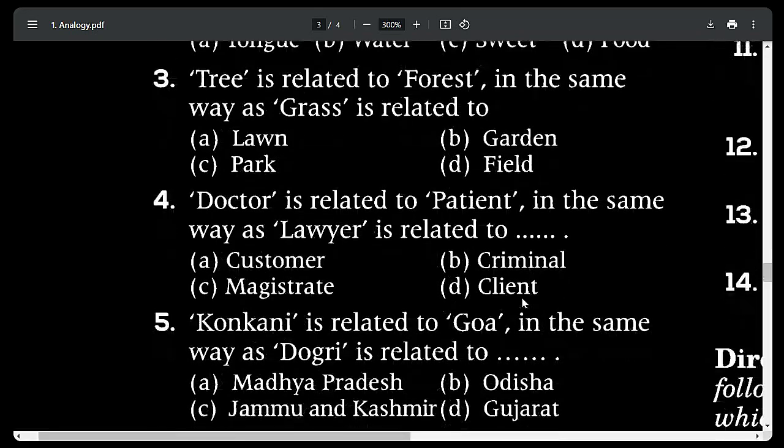Now, okay. Konkani is related to Goa in the same way as Dogri is related to dash. So who wants to say the answer? Who is going to give the answer? You can raise a hand.